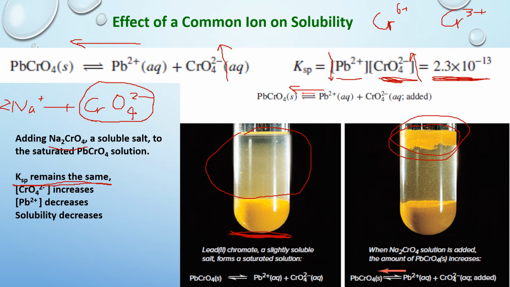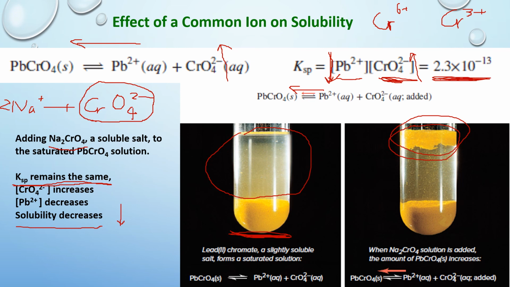So the solubility of this lead chromate is defined by the amount of lead in the solution. Because the lead concentration decreases in the solution, we say the solubility also decreases. Let's look at it again. At equilibrium, you have equal concentrations of lead and chromate, and when we multiply them, it equals the KSP value.